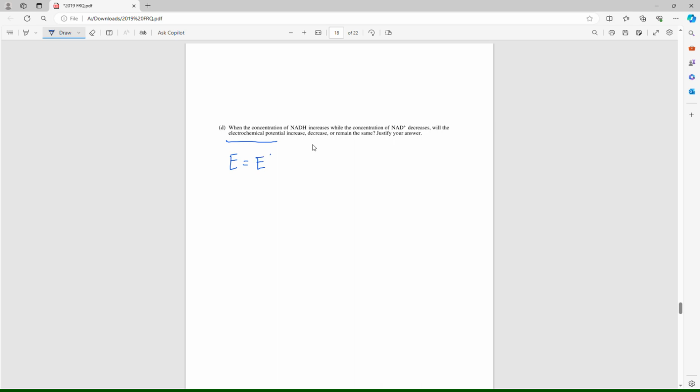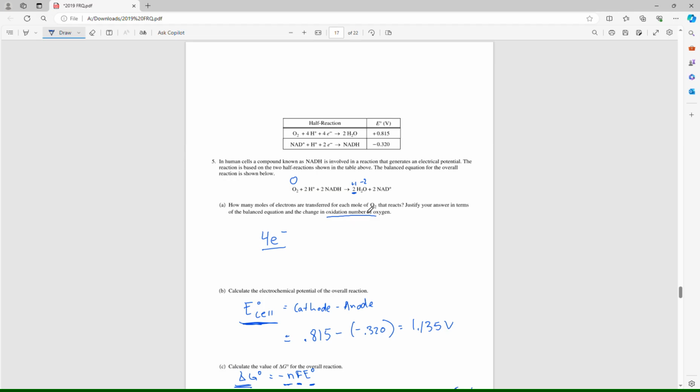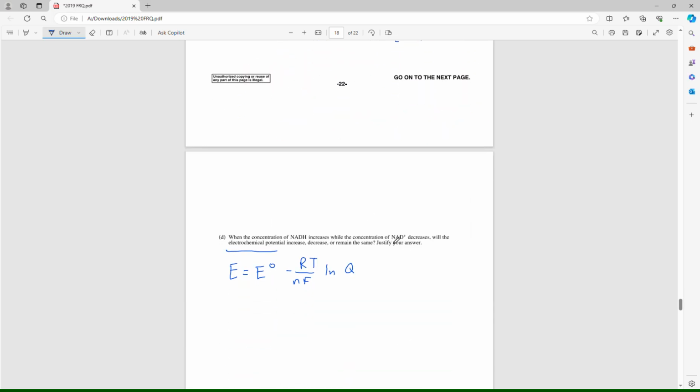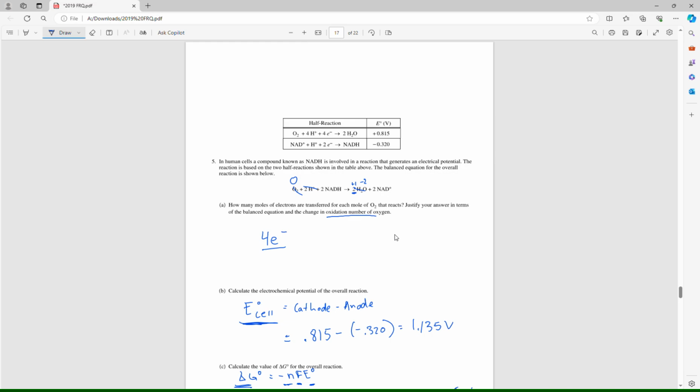E equals E naught minus RT over nF ln Q. Q is just like K, the equilibrium expression, but Q is at any time, any concentration. So let's take a look. Our Q value would be products, NAD plus, over reactants, which include NADH. I'm excluding everything else, the O2, the H plus, and the 2H2O, because the problem doesn't ask about those. It only asks about NADH and NAD plus. So I'm just ignoring them for simplicity.